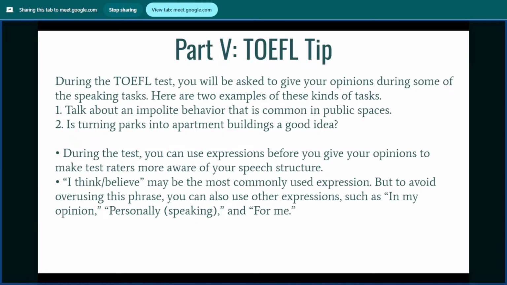When you are asked these kinds of questions during the test, you can use the expressions we just looked at: in my opinion, personally, for me, I think, I believe, I don't think, I don't believe, I definitely think that. All these phrases give you a better score. The test scorers look at whether we have used these phrases properly or not.